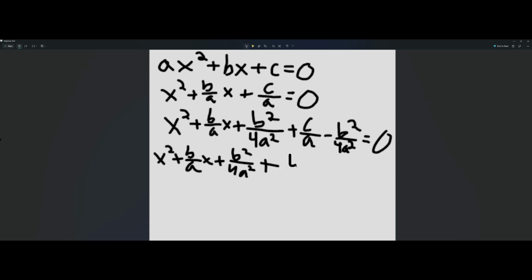Plus 4ac minus b squared over 4a squared is equal to 0. So now let's subtract this term to the other side. And I'll show you why we're going to do that in a moment.